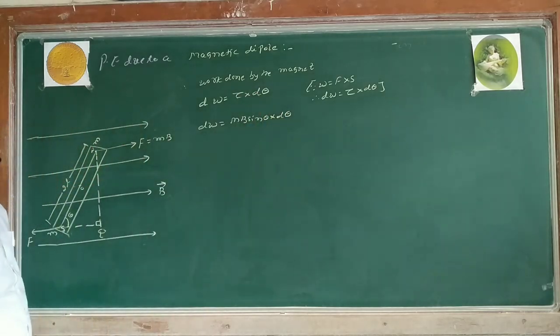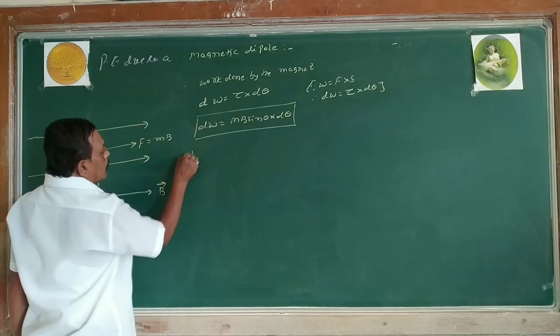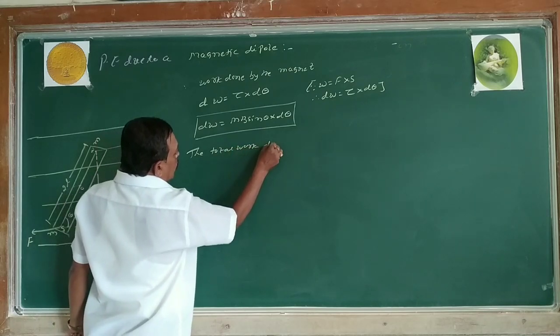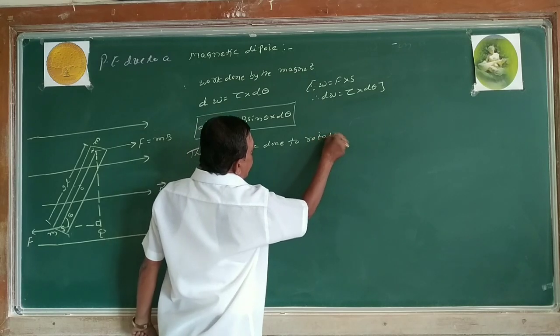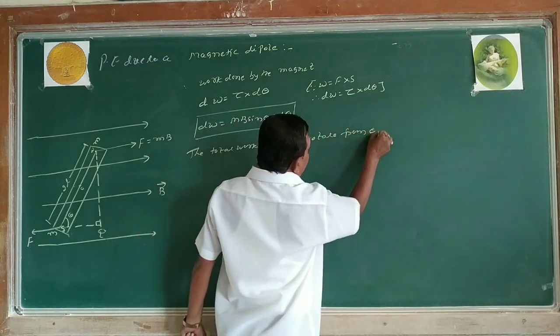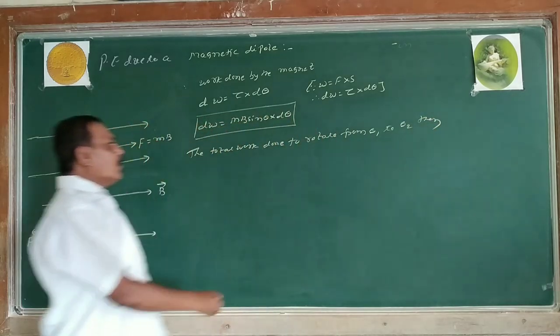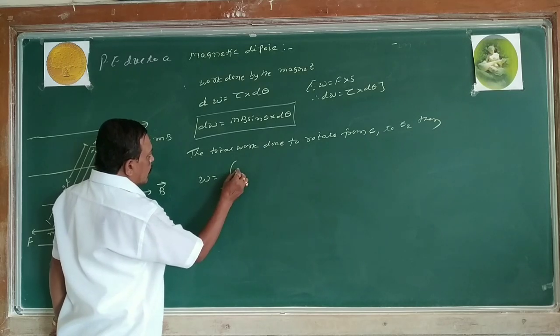Right? Now this is the work done. The total work done to rotate from theta 1 to theta 2, where we don't know the angle, is the sum, which is the integration of the small work done.